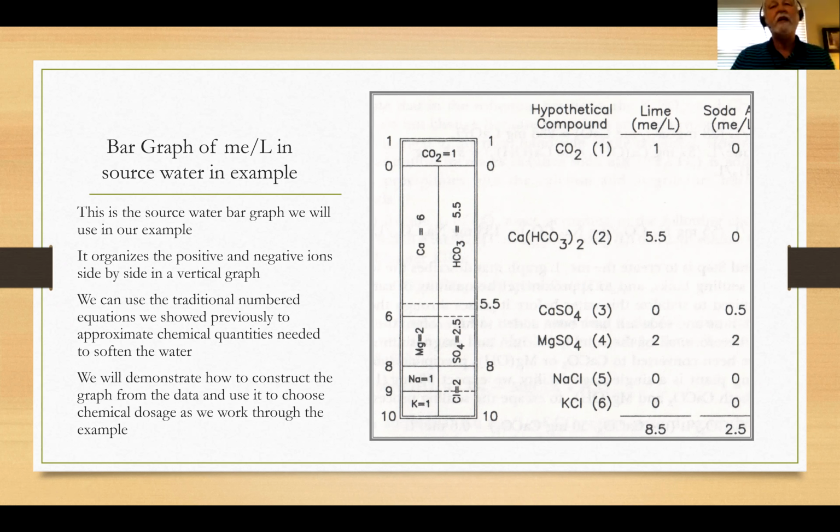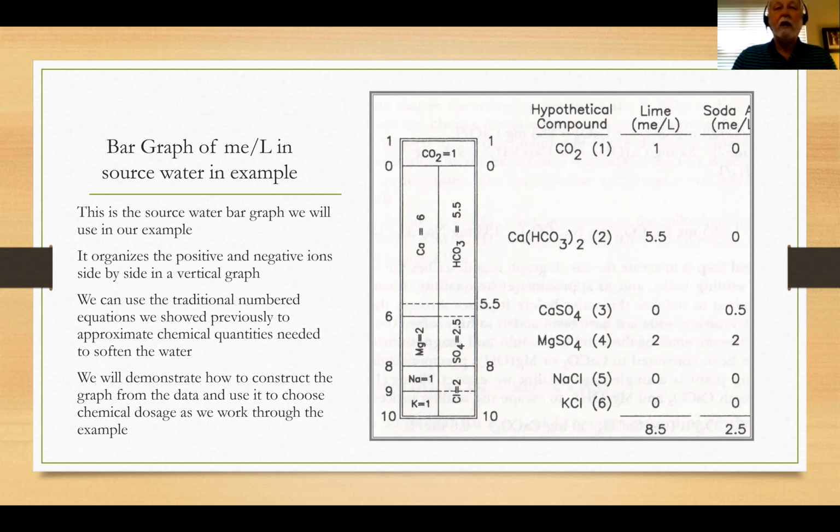Because remember, everything on the right-hand side of the equation at the end of the day, if we want to precipitate calcium, it's got to be calcium carbonate. And if we want to precipitate magnesium, it has to be magnesium hydroxide. That's the only way this works. Okay, we go on down. Sodium, we've got sodium chloride. We've got 1 milliequivalent per liter, not hardness, don't care.